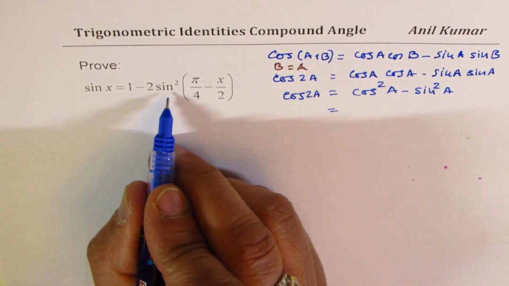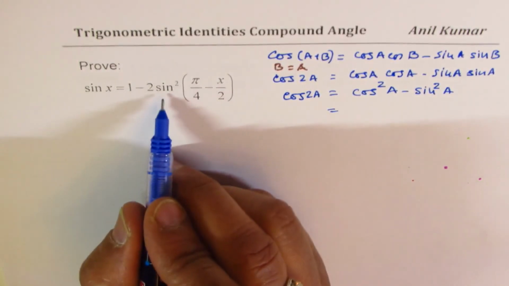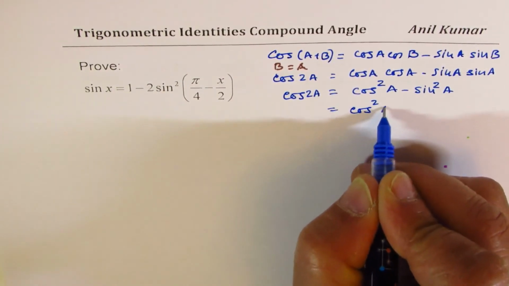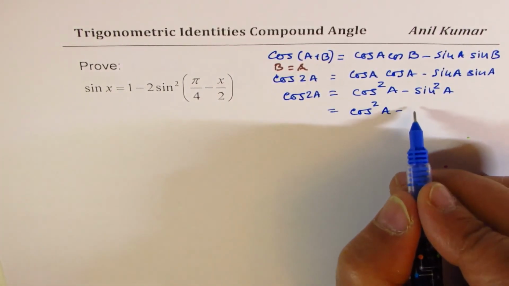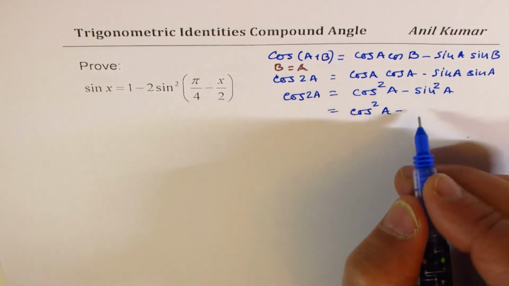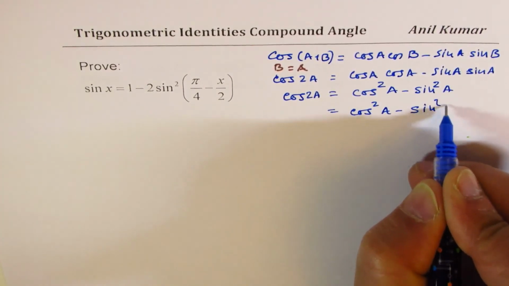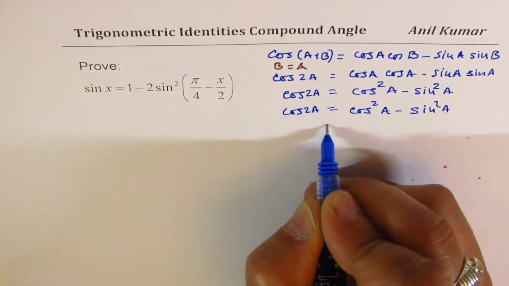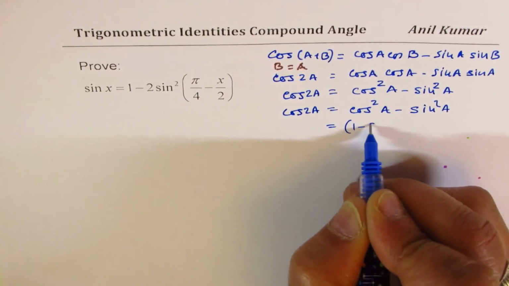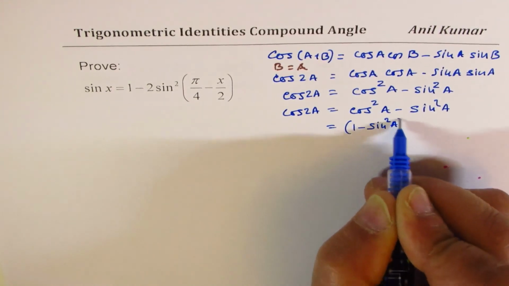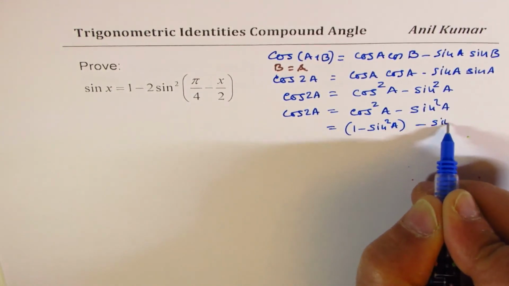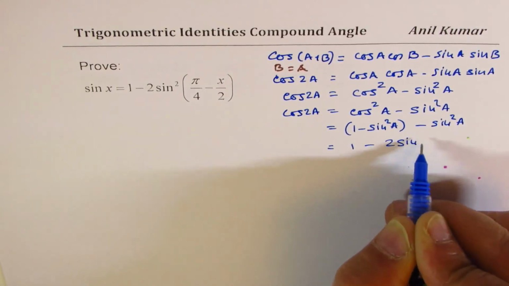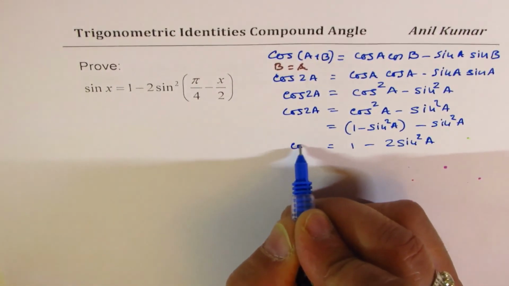However, we want to relate it to sine square, so we change this formula's form. I just wrote it like this again. Okay, so we'll use this equation and we'll replace cos square A as 1 minus sine square A. Then what you get here is 1 minus 2 sine square A, right?